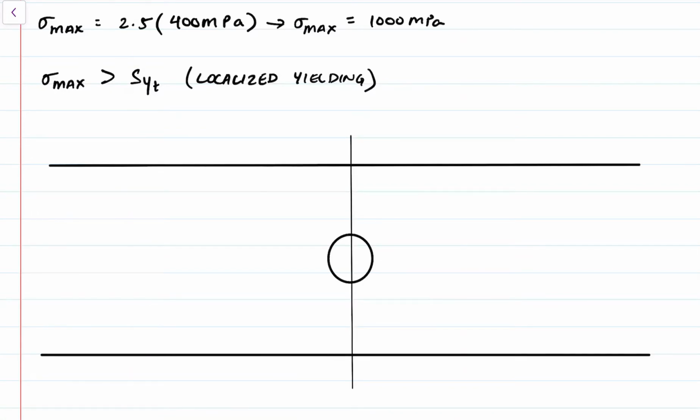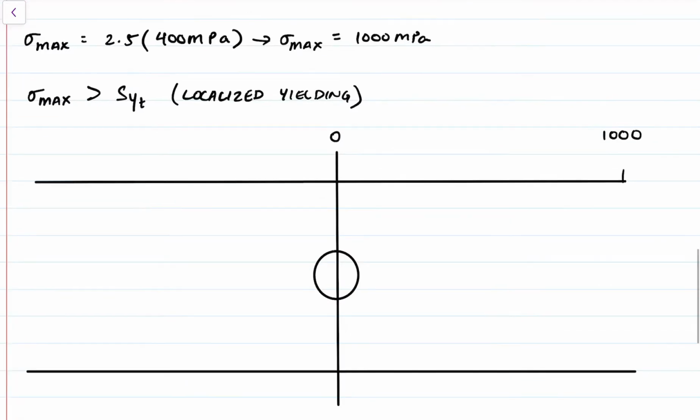So this is going to be a stress of 0, and this is going to be a maximum at 1000. Similarly, we're going to have negative 1000, and I'm going to take intervals of 200. So I have 200, 400, 600, and 800. Similarly, negative 200.